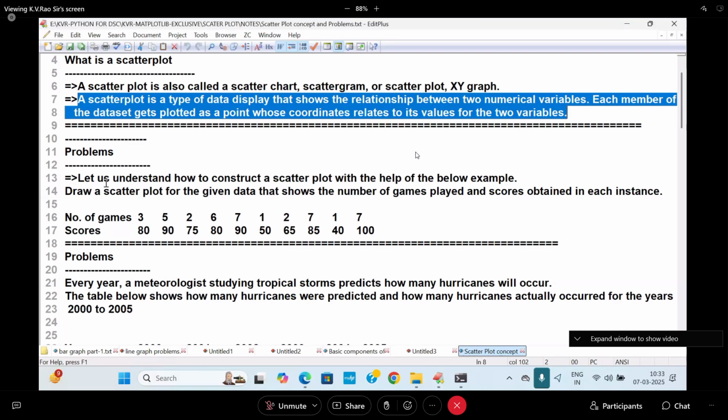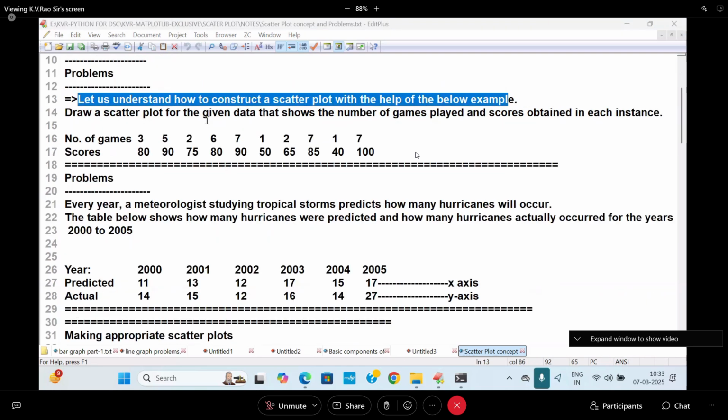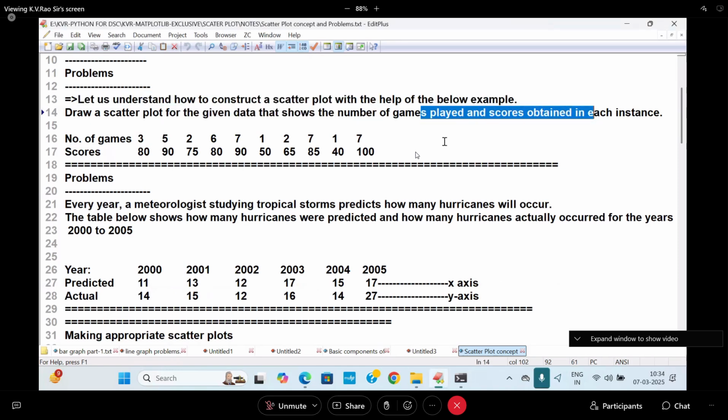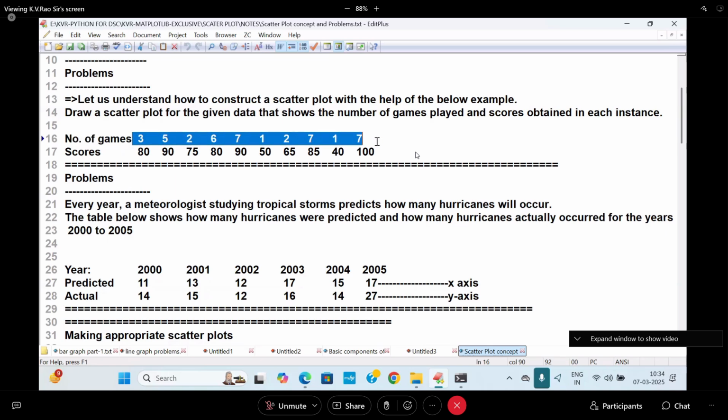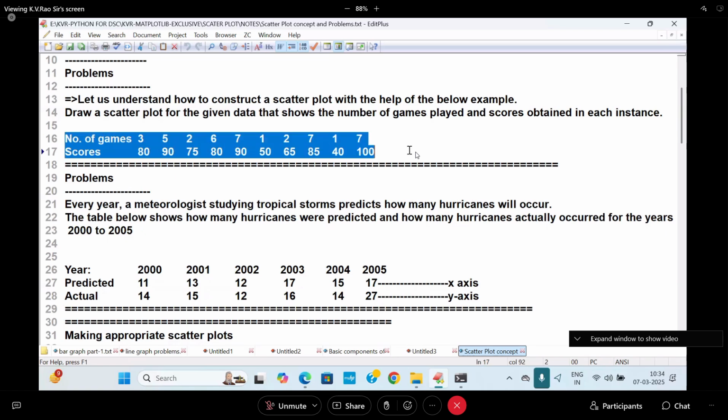Let us understand how to construct a scatter plot with the help of the example below. Draw a scatter plot for the given data showing the number of games played and the score obtained in each instance. The number of games is 3, 5, 2, 6, like this, and the scores are this many. And you have to understand, is it a positive correlation or negative correlation?